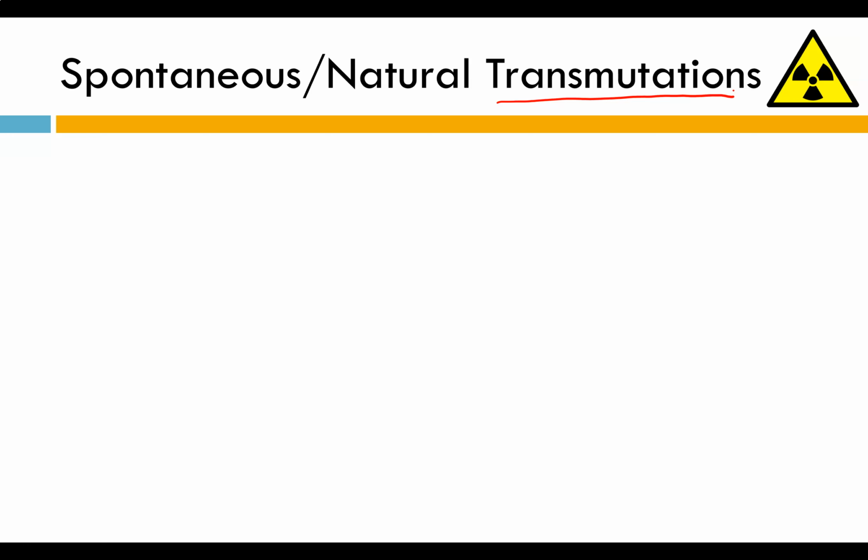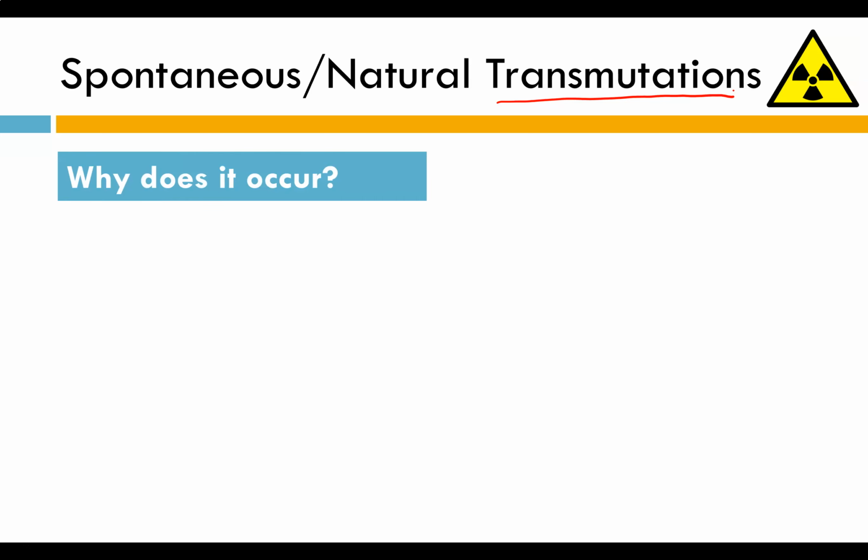This can only happen by changing the number of protons in the nucleus, so this is going to require some sort of nuclear change. When we talk about a transmutation occurring spontaneously or occurring naturally, these are going to be nuclear changes that we don't do anything to start. They just happen on their own due to inherent instability in the nucleus. So we'll keep reminding you about those terms and coming back to them again and again.